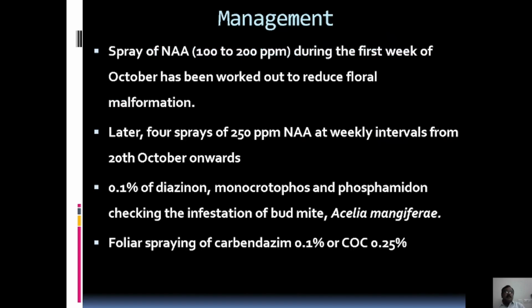And to manage this disease, you have to spray NAA at 100 to 200 ppm during the first week of October, and that will help in reducing the floral malformation.